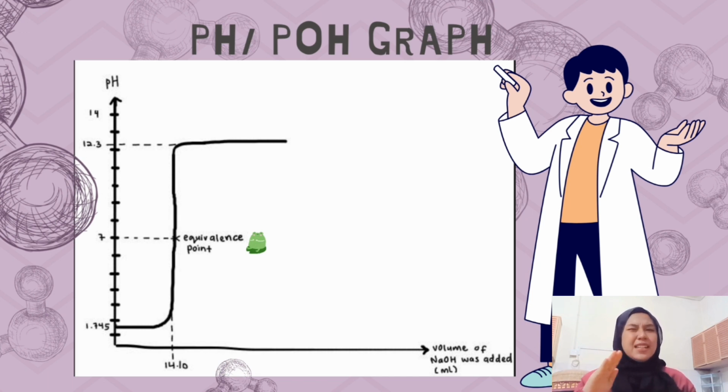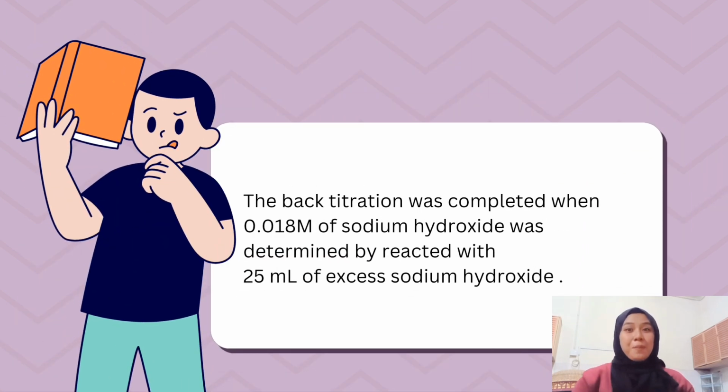There is a slight increase before and after the equivalence point. As more sodium hydroxide is added, the pH gradually increases. Then, the titration was completed when 0.018 molar of sodium hydroxide was determined by reacting with 25 ml of excess sodium hydroxide.